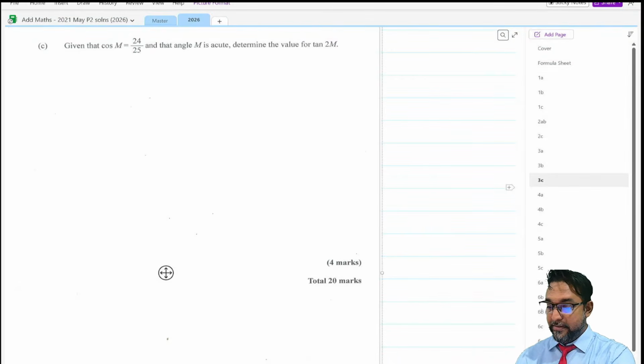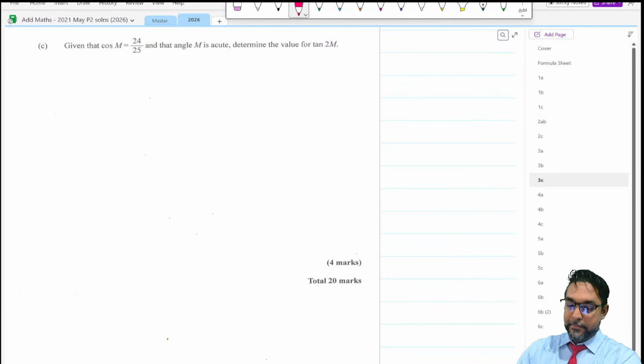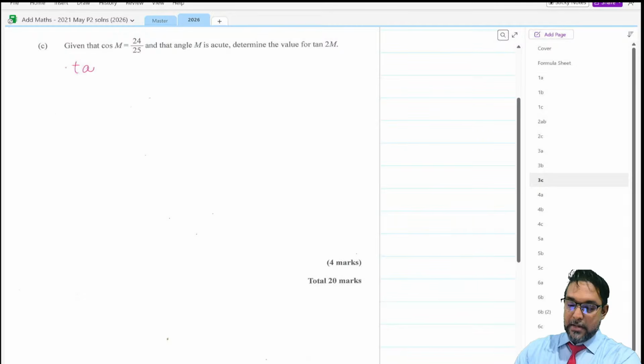Alright, cool. Cos m is 24 over 25. They want us to determine the value for tan 2m. So tan 2m is equal to 2 tan m all over 1 minus tan squared m.